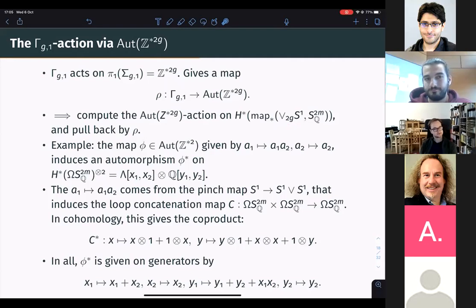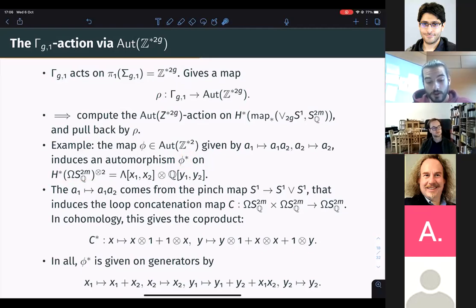Okay, let's see an example of what this should be. If I have an automorphism phi of the free group on 2 elements that maps a1 to a1 a2, and a2 just to a2, then we get an automorphism of this algebra here, which is exterior on x1, x2, polynomial on y1, y2. And so in order to compute phi star, I must tell you where it sends x1, x2, and where it sends y1, y2.